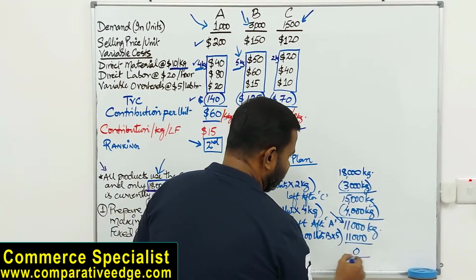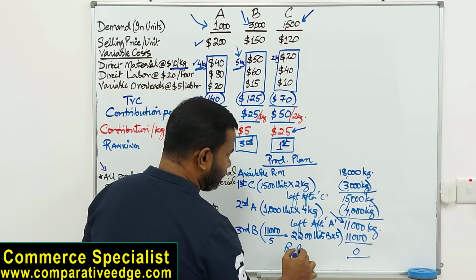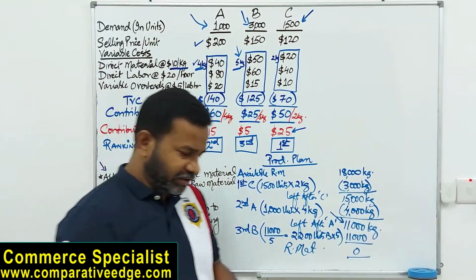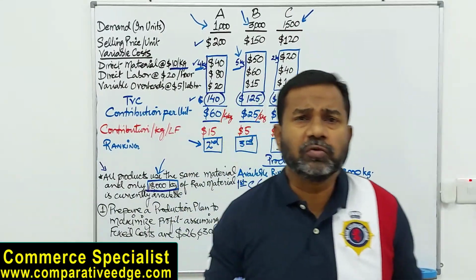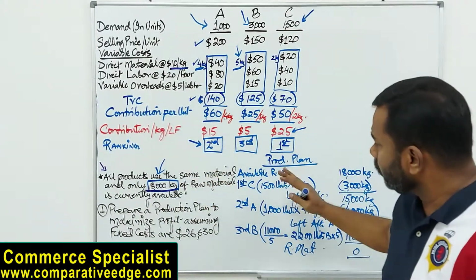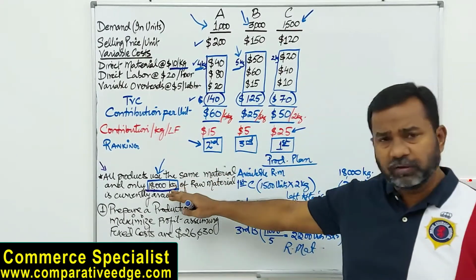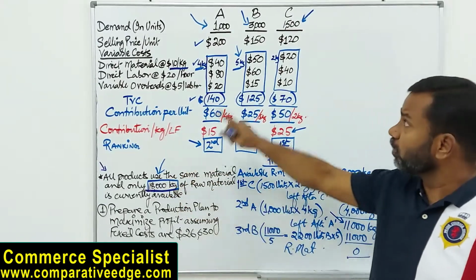So in the end, raw material is finished. Ladies and gentlemen, this is going to be my optimum production plan, given the scarce resource of raw material, given the limitation of demand.